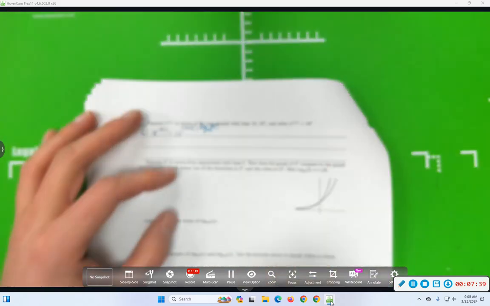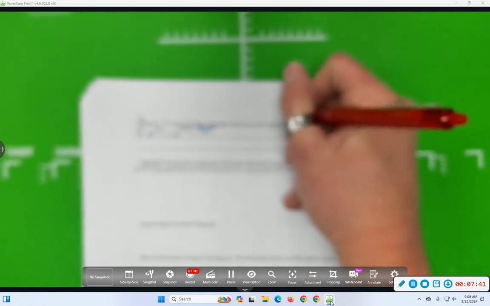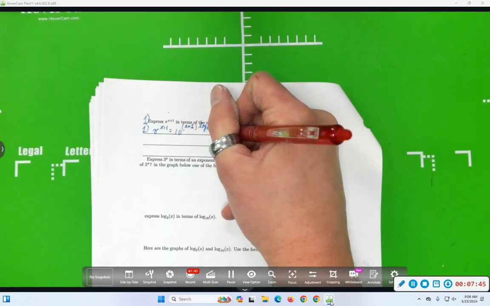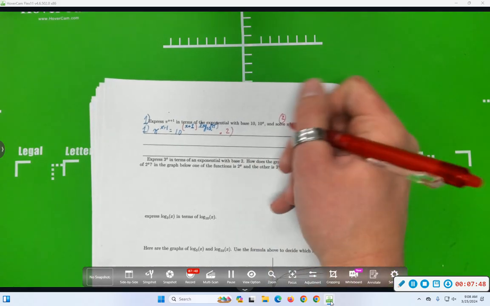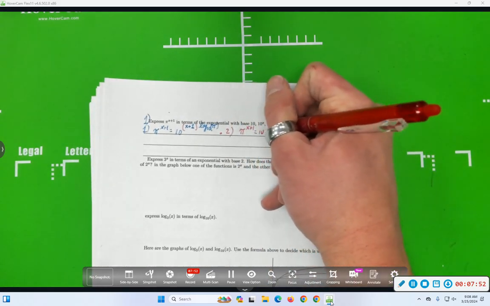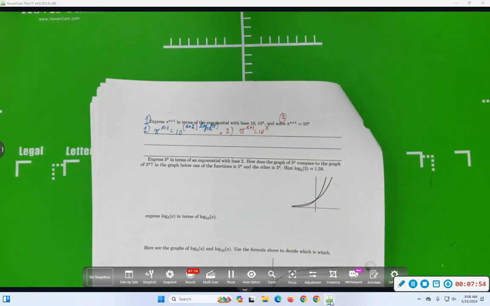All right, so there's prompt 1. Let's use that to solve prompt 2. So if I want to solve pi raised to the x plus 1 equals 10 to the x, well, I could rewrite it in terms of any base I wanted to, but I've already rewritten it to be in base 10, so let's use that.